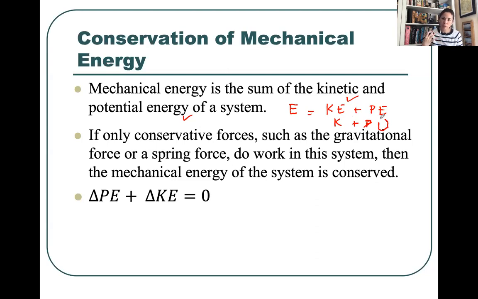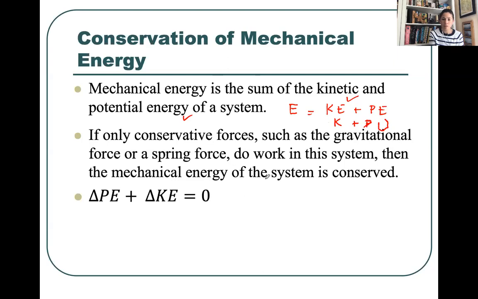So once again, if we're only looking at conservative forces, and this is what we're going to mostly be focusing on, so systems that use gravitational force or spring forces, then that quantity E, the sum of potential and kinetic energy, is going to be conserved.